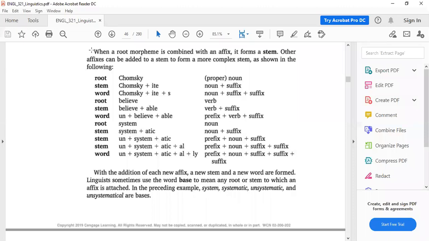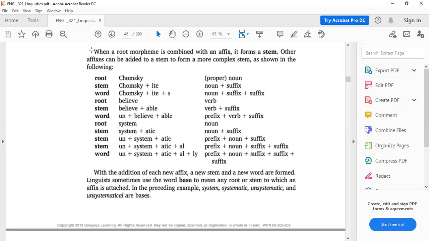And in morphology, sometimes linguists call stems base. But in this case, you need to be careful. Doctor, this last one is unsystematically, and the one before it is unsystematical. We have two suffixes, and the one after it has three suffixes and becomes a word.